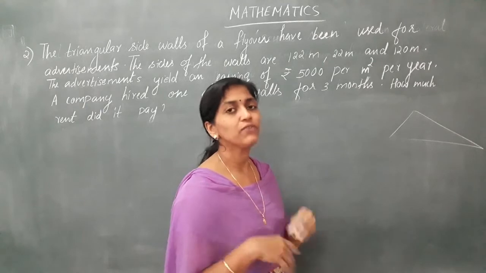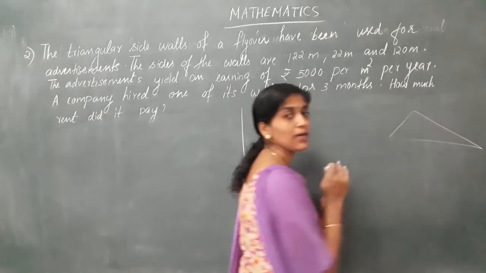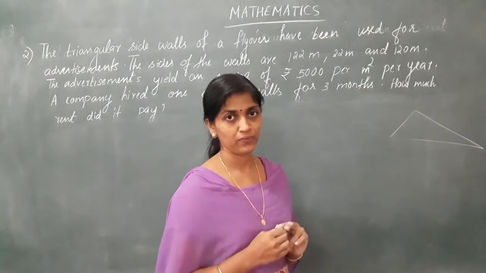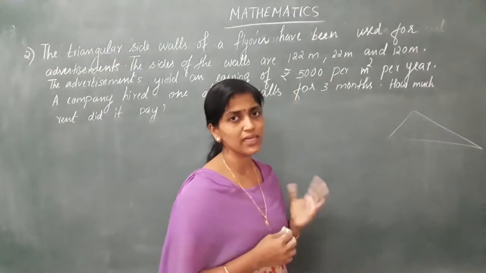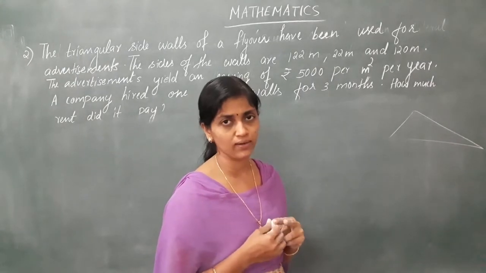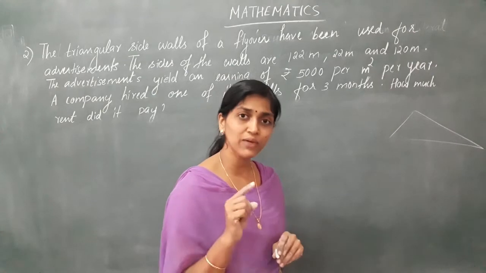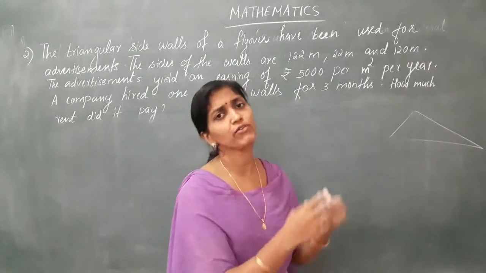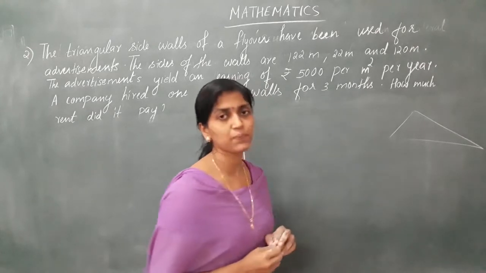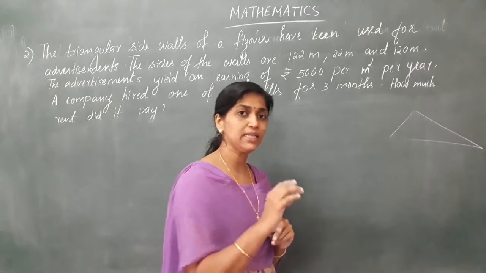So first we will see how many meter squares there are in this triangular piece of wall. Then we find how much they will get for 1 year. We are not using it for 1 year, but we will find it for 1 year, from that we will find for 1 month, and then from that for 3 months. That is what we have to do in the question. So first we will go for finding the area.